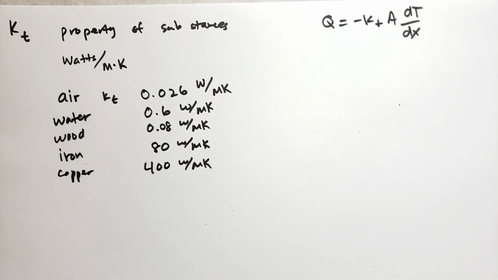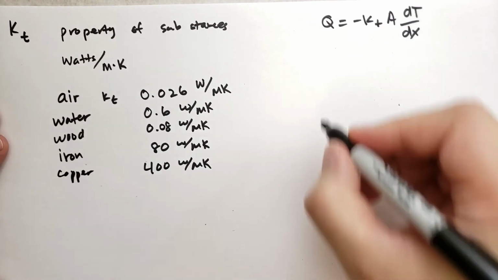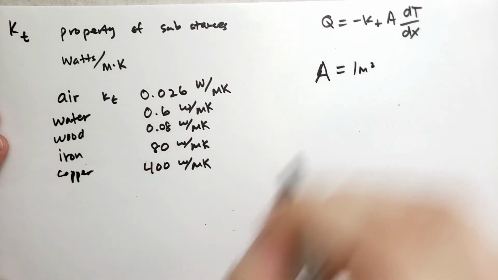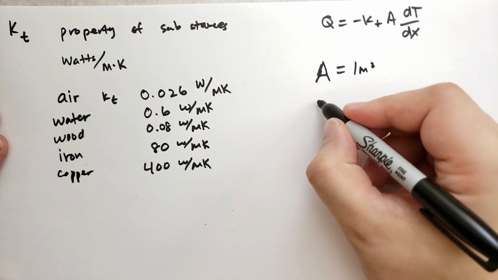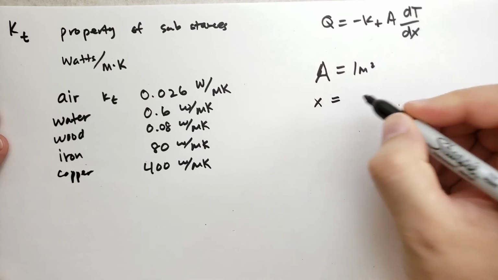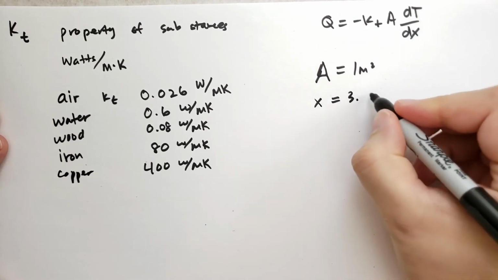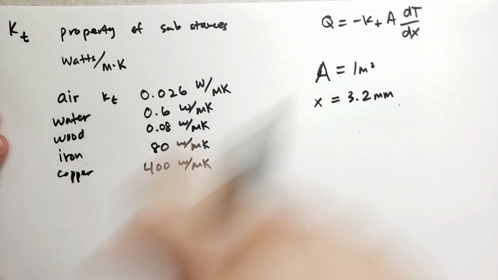So let's do a calculation. Our window has an area of 1 square meter, so A is equal to 1 meter squared. It has a thickness of 3.2 millimeters, or 1/8 of an inch. It's a thin sheet of glass.